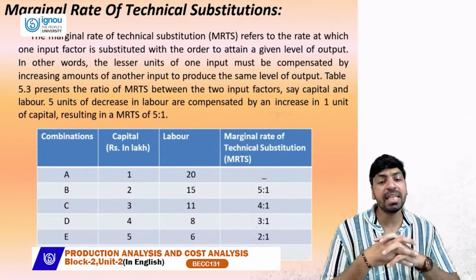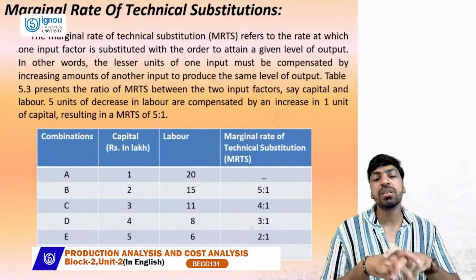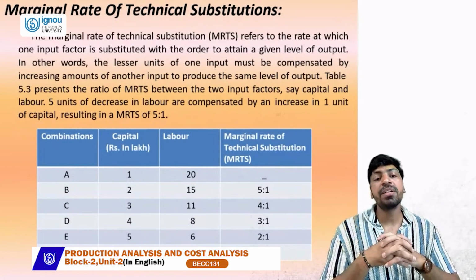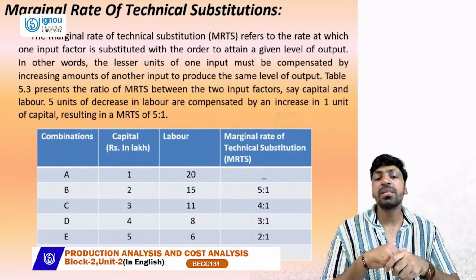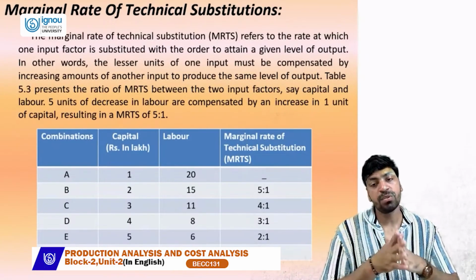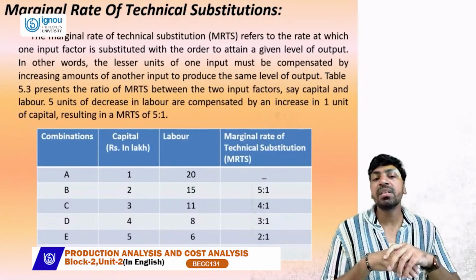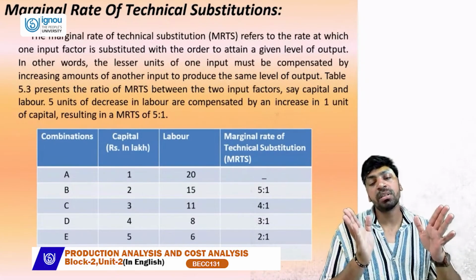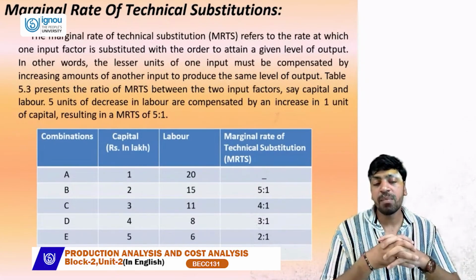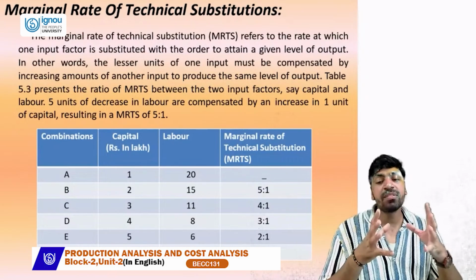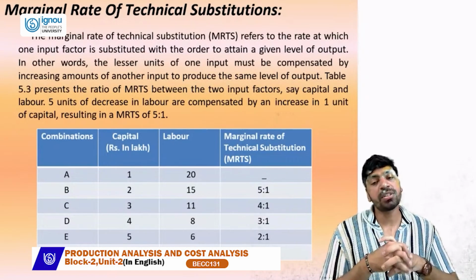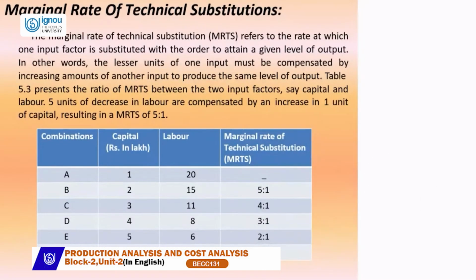Same for combination C: 15 minus 11 becomes 4, and then 3 minus 2 becomes 1. So when we talk about the differences of capital and labor, both differ, and that's called the marginal rate of technical substitution.